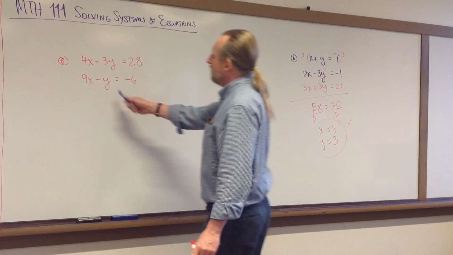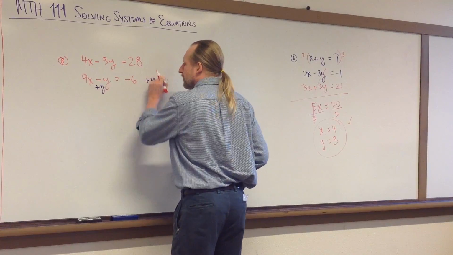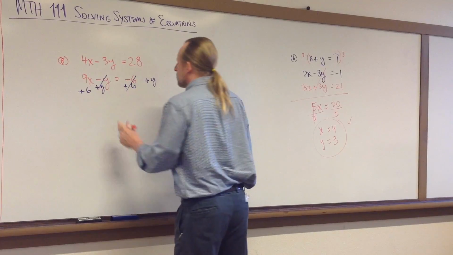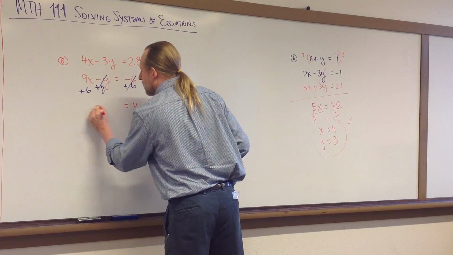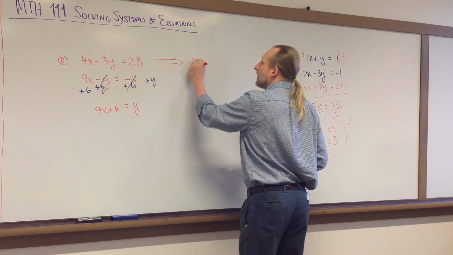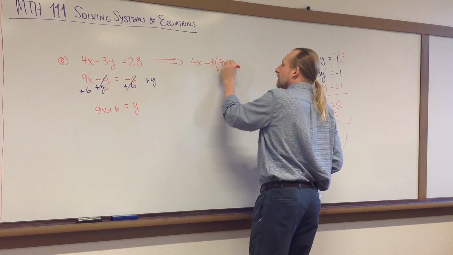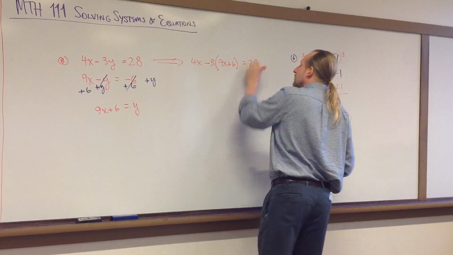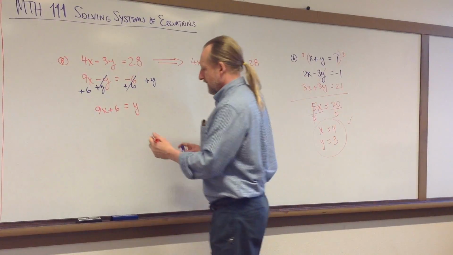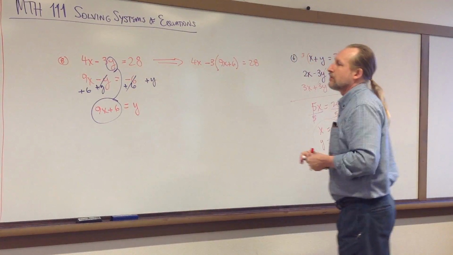I like this y is going to be easy to get by itself. I'll move it over here to make it a positive y, and I'll move the 6 over here so that the y is by itself. So now we've got y equals 9x plus 6. So then we'll say 4x minus 3 times 9x plus 6 equals 28.